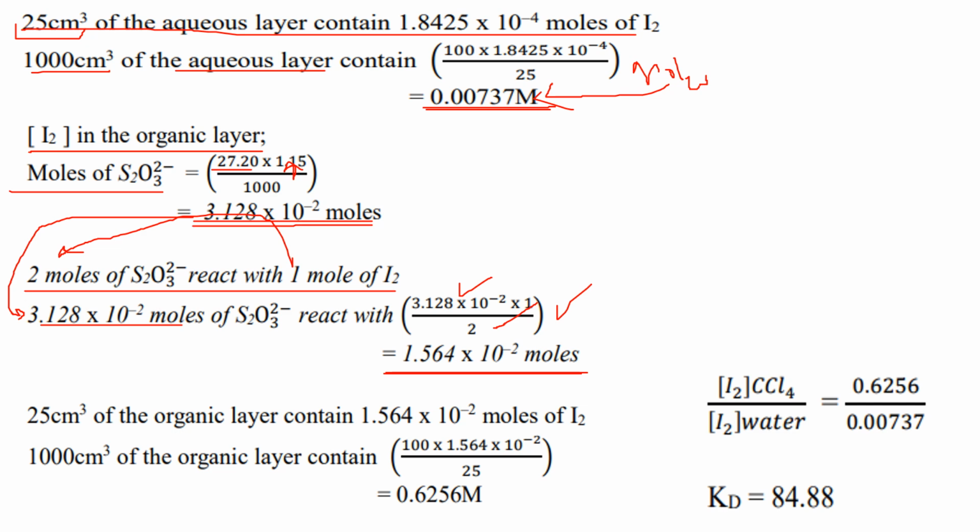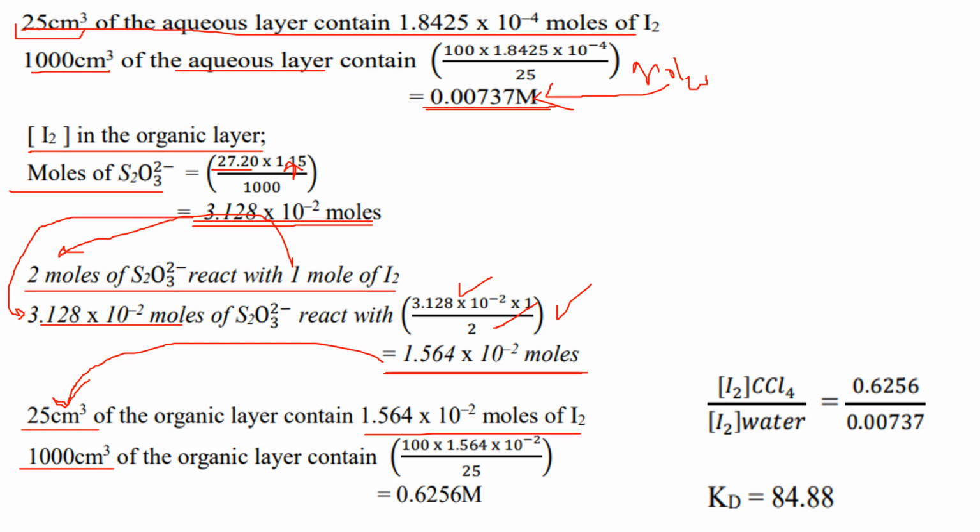Now these moles are in which volume? The volume that started that sentence, which is 25 centimeters cubed of the organic layer. So you're saying that 25 centimeters cubed of the organic layer contain those moles. What about 1000? We are multiplying by 1000 because we want molar concentration. 25 is not a molar concentration.